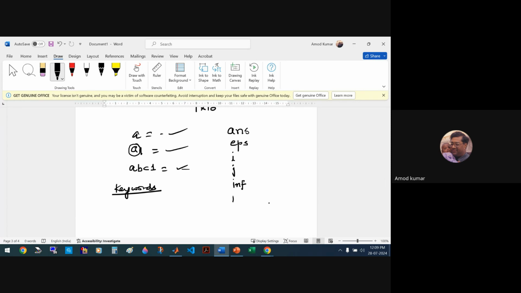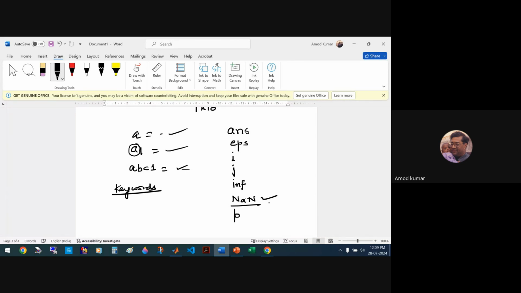Then sometimes a thing will come, not a number, NaN. Whenever the result of any numerical calculation or any expression is undefined, it will come automatically. We will show it later, but this is something which you cannot use as a variable name.